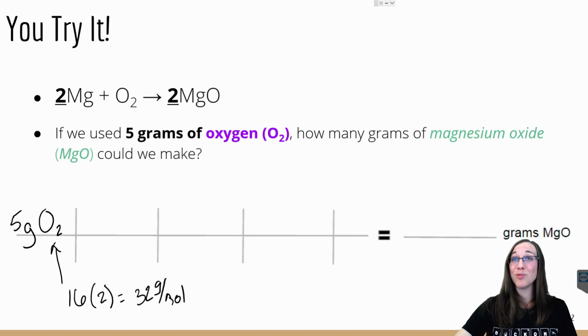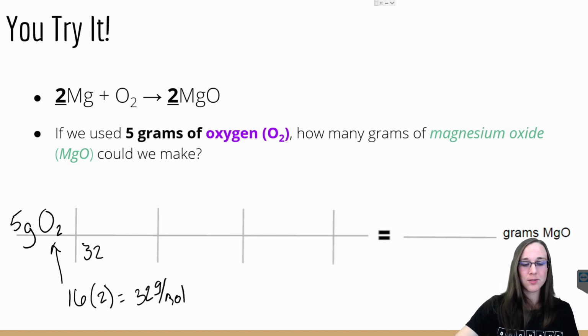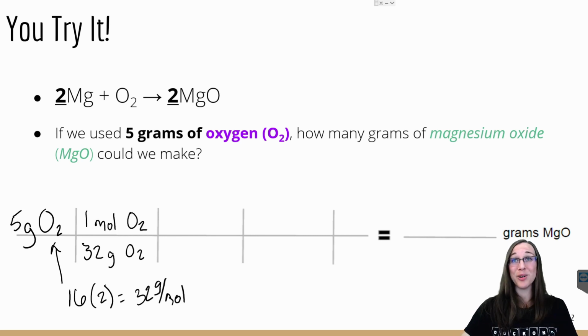Now, in order to get rid of the grams from our given, we need to plug the 32 grams on the bottom of our next domino piece. So we're going to have 32 grams of O2 in 1 mole of O2. Now is our mole ratio. In our balanced chemical equation, we see that there is a 1 in front of the oxygen, and there is a 2 in front of the magnesium oxide, which is the product.